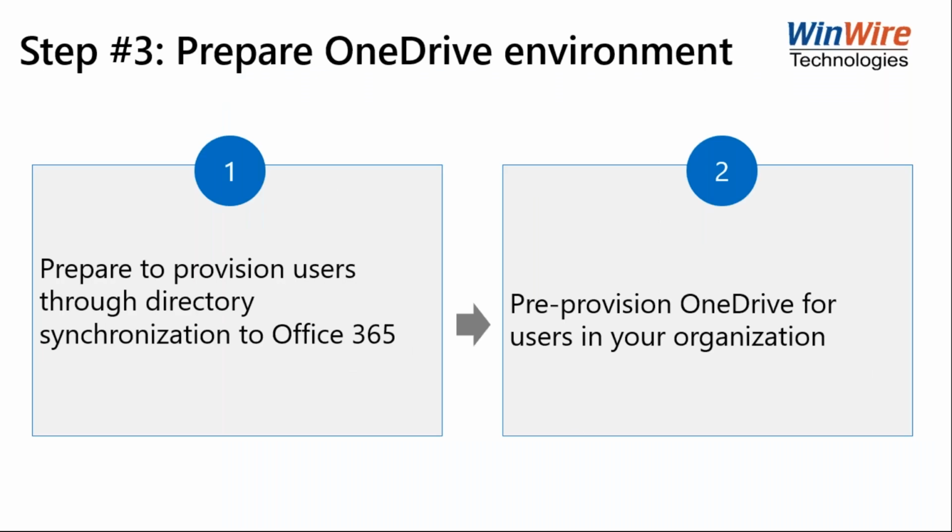Step number 3, as I mentioned, is pretty straightforward. Microsoft has been doing a great job, I feel, in making it like a piece of cake. In the OneDrive environment, you set up a synchronization with your Active Directory, and it will copy all your users. It will create all the accounts for the users in your Office 365.